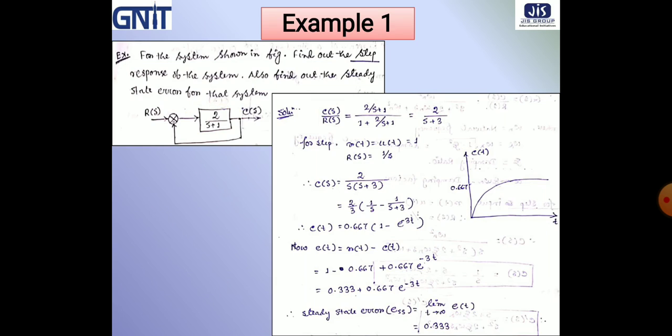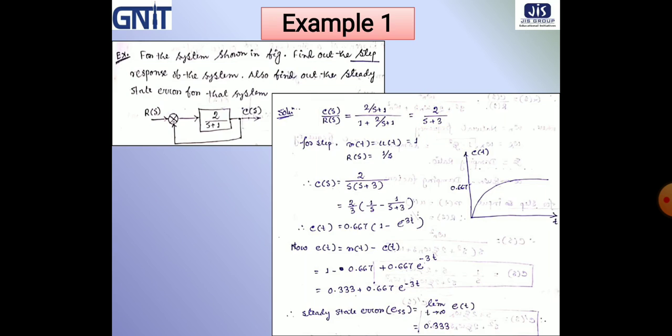So C(s) by R(s) is equal to 2 by s plus 1 divided by 1 plus 2 by s plus 1. Here we get the closed loop transfer function like this: 2 by s plus 3.